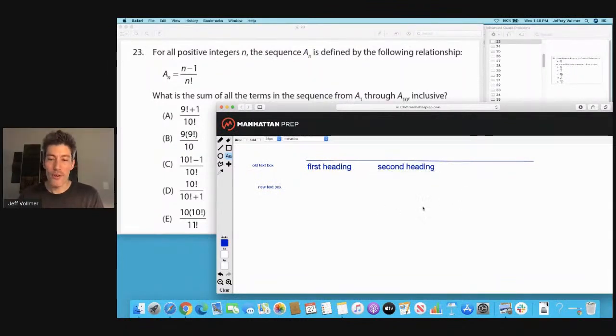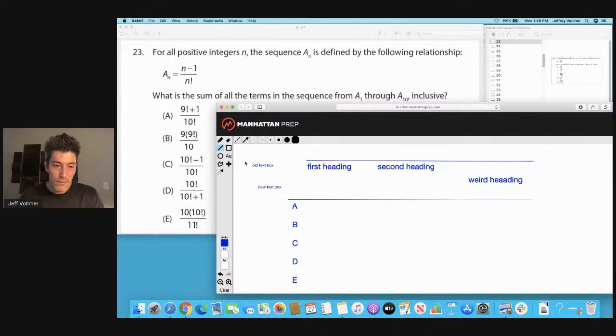This prevents you from having headings in different vertical positions. If I was working backwards from the answer choices, one thing I'd like to do is place all my answers, and I'd like to have consistent horizontal rows for this.